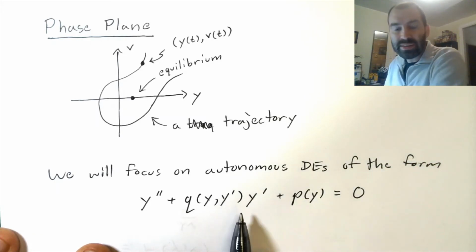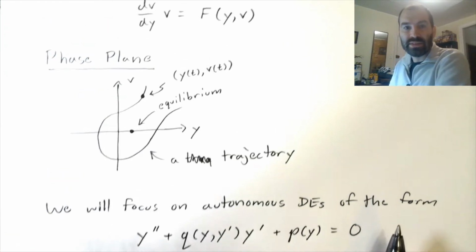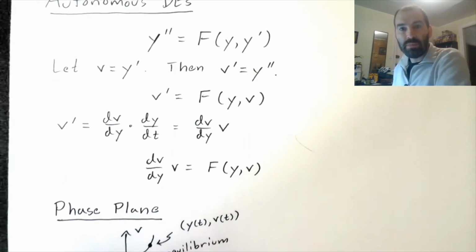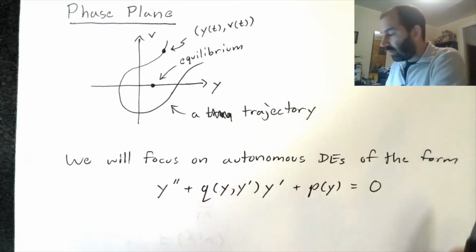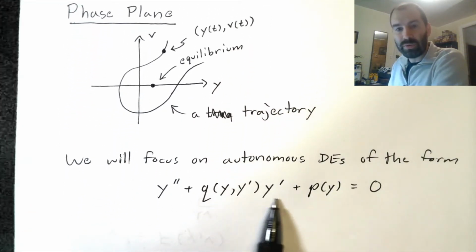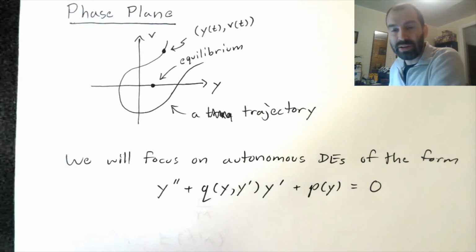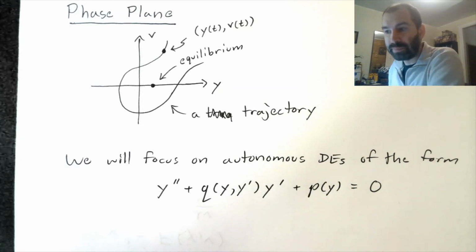So this is a special case of this. If I move all of this stuff over to the right-hand side, subtracting it from both sides, I will have something in the form that we talked about before.